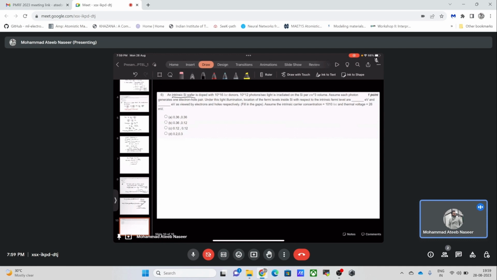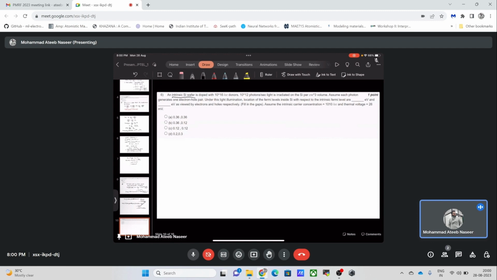Now there is one condition over here, that we have to assume that each photon generates one electron hole pair here also, and under this illumination we have to find the location of the Fermi levels in this semiconductor with respect to the intrinsic Fermi level.